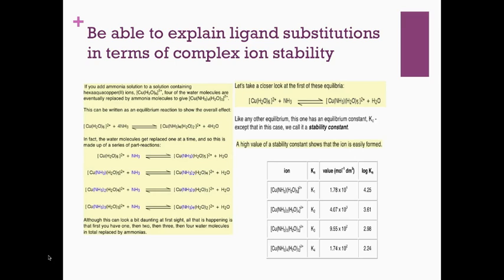And you see the stability constant decrease as those water molecules are replaced by ammonia. So it is most likely in a ligand substitution that you will see more of the single substituted complex ion than of the double, triple, and quadruple replaced ion.